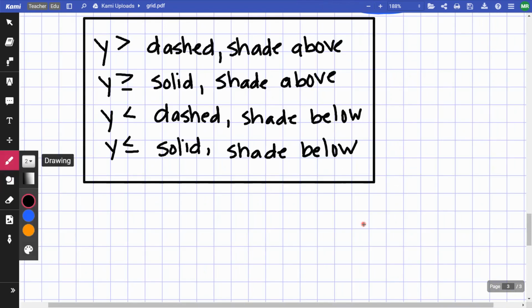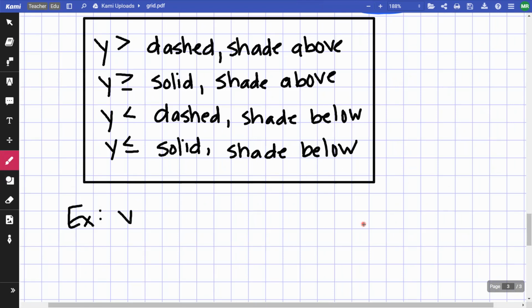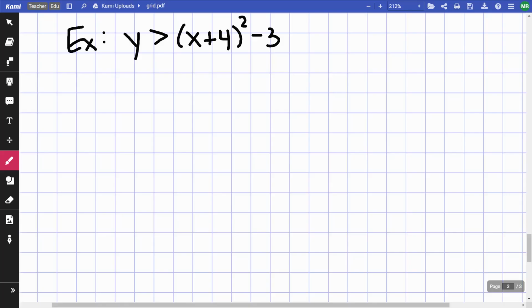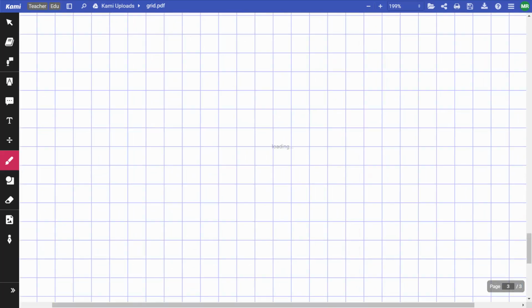So first example, I'm going to give us as a parabola. Y is greater than the quantity x plus 4 squared minus 3. So I'm going to graph this, okay?